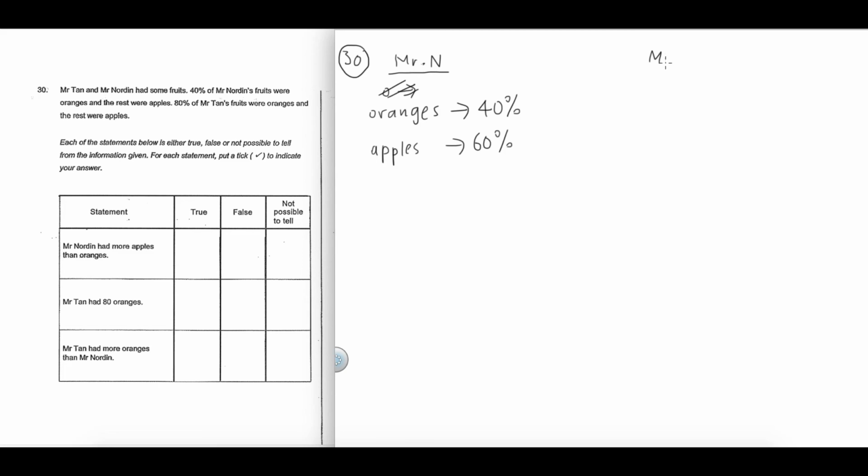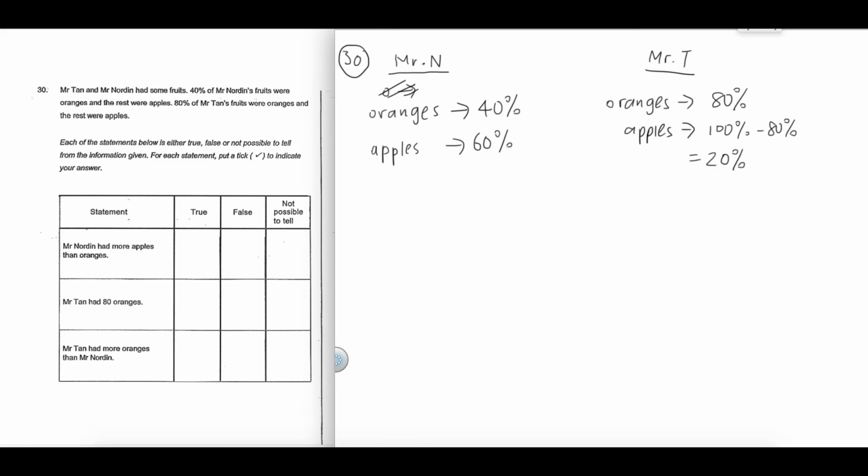So let's go to Mr. T, which is Mr. Tan. Oranges and apples. 80% of the fruits were oranges. That means my remaining will be same thing, 100% minus 80%. I'm going to get 20%. Alright?